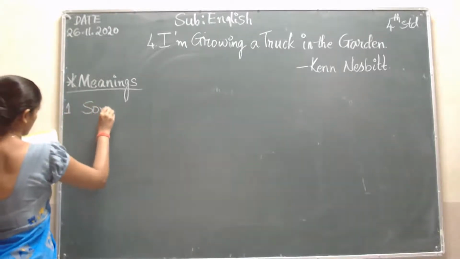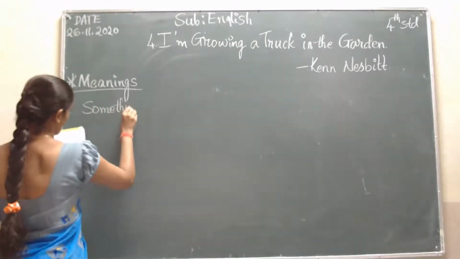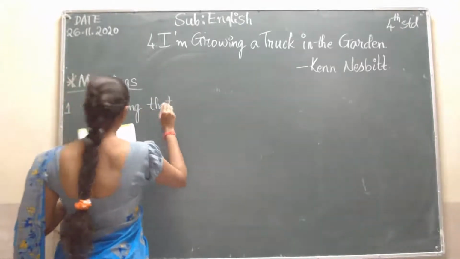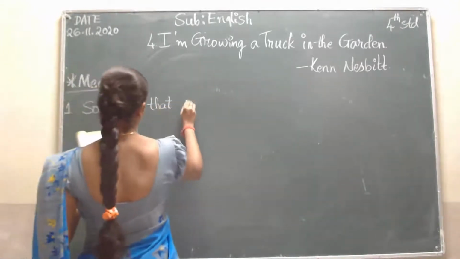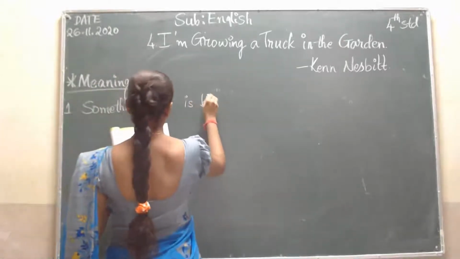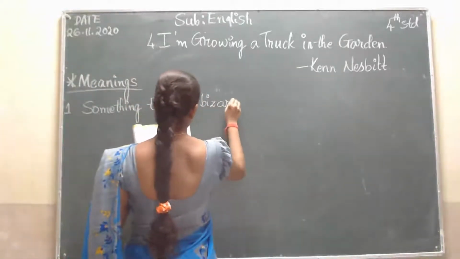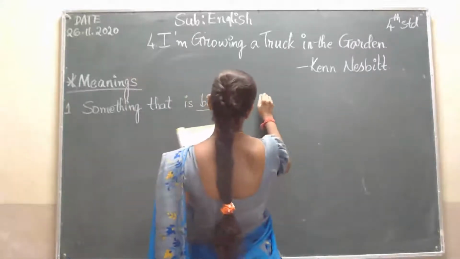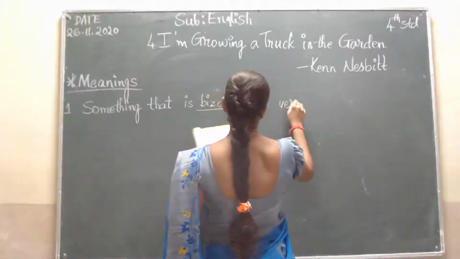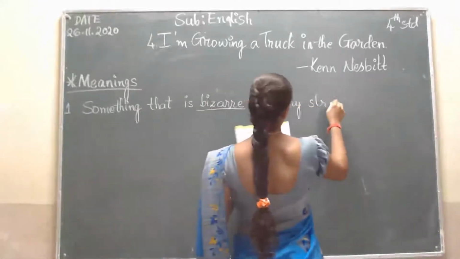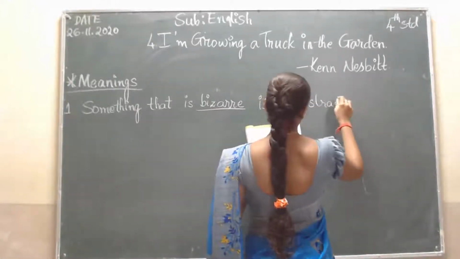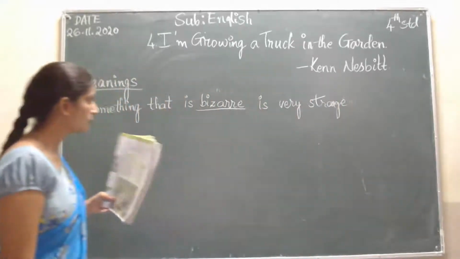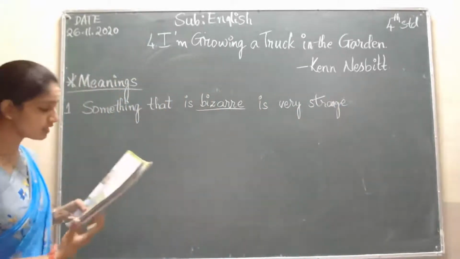Something that is bizarre is very strange. The meaning of bizarre is nothing but very strange.